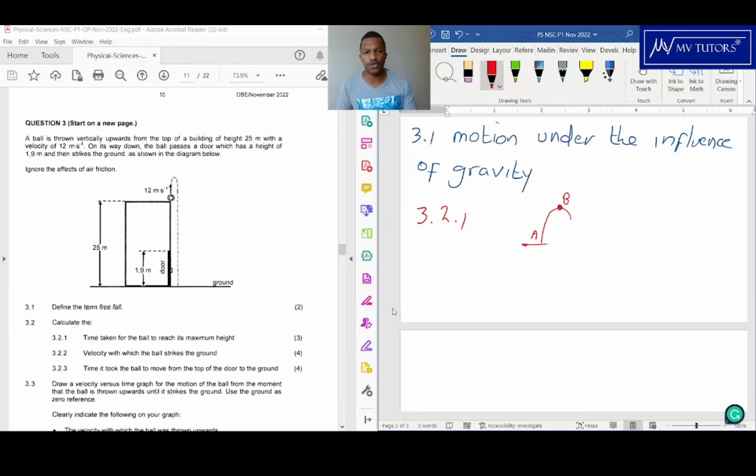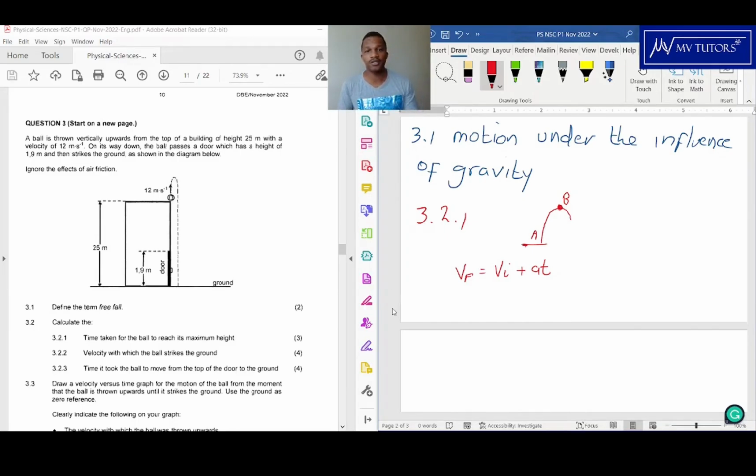Now, you have to choose the right formula for this, given the variables that you have from the question. So, for example, I want to use this formula: V final is equal to V initial plus acceleration times change in time.